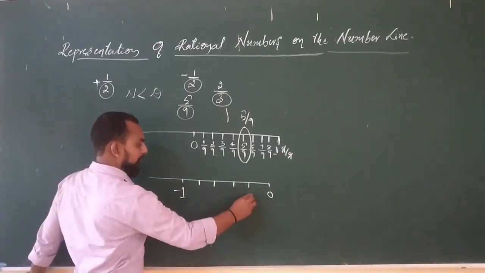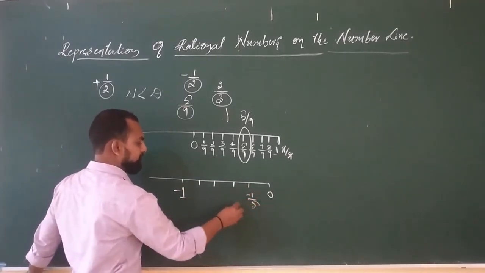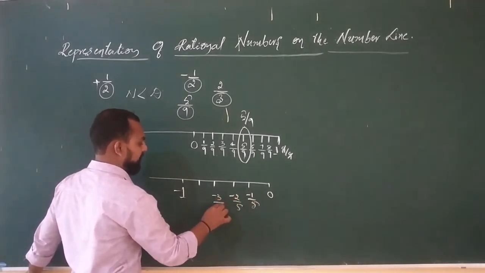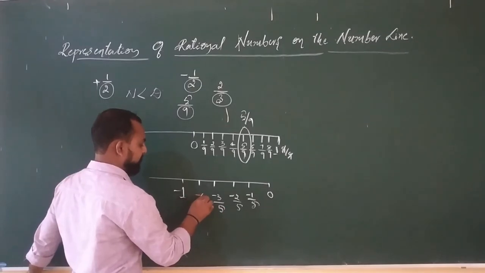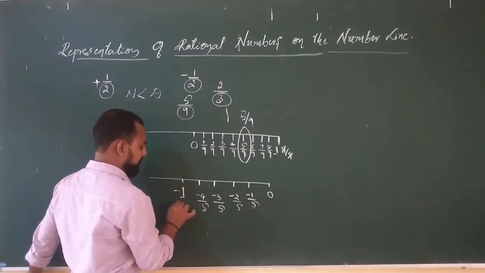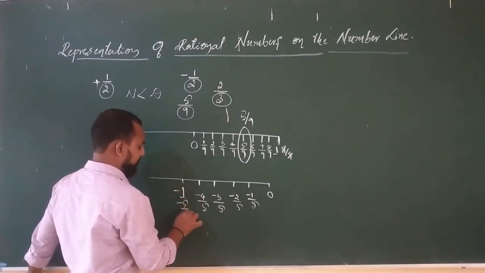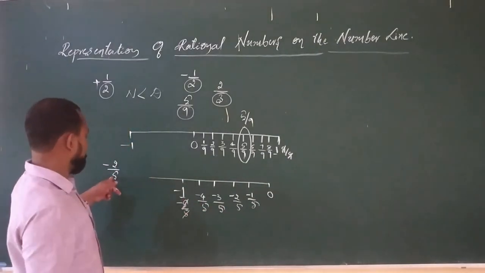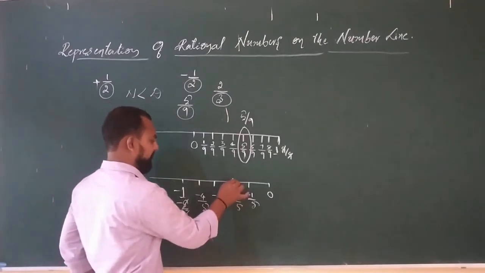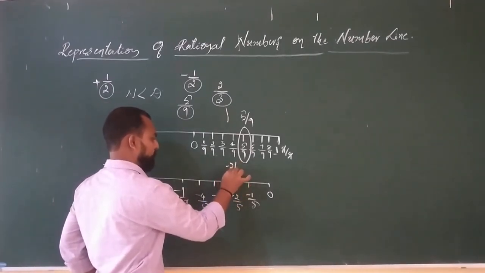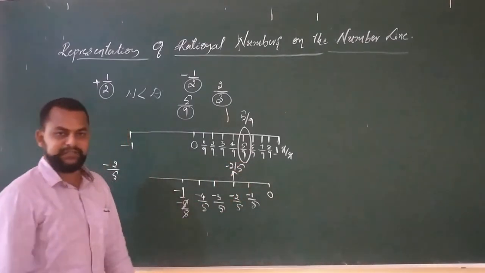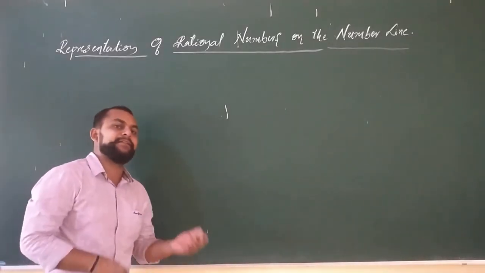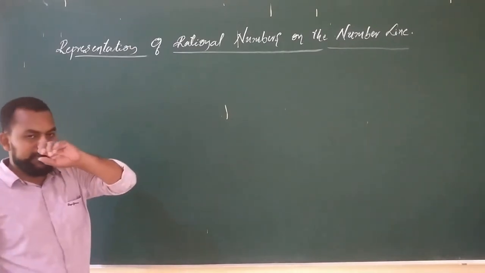Here minus 1 by 5, minus 2 by 5, minus 3 by 5, minus 4 by 5, and this is minus 5 by 5, which means minus 1. Here is minus 2 by 5. Understand? This condition is numerator lesser than denominator, and the number lies between 0 and 1.